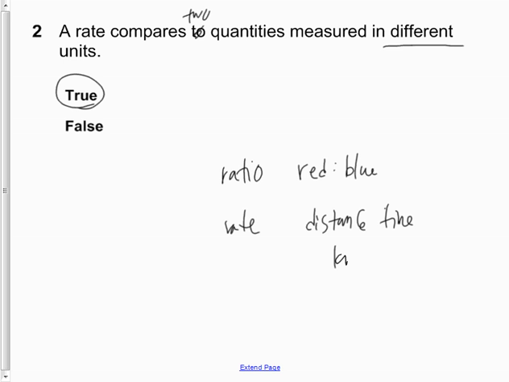So in this case, kilometers to hours or minutes or seconds or whatever. Or cost to mass. So we'd have things like dollars per gram, or cost of volume. We'd have cost per, or dollars per milliliter. Okay? So the difference between ratios and rates is that rates are comparing different units.